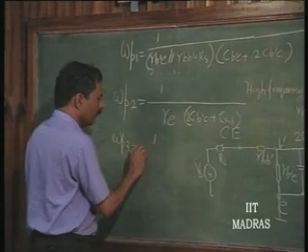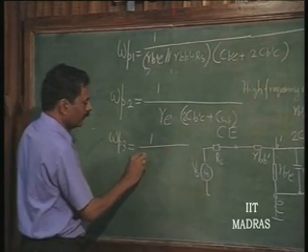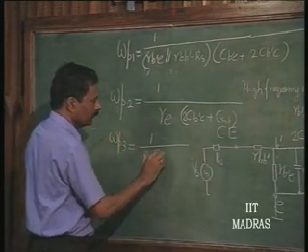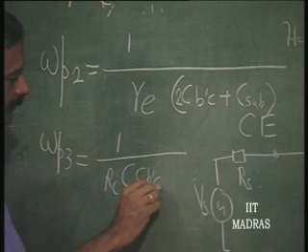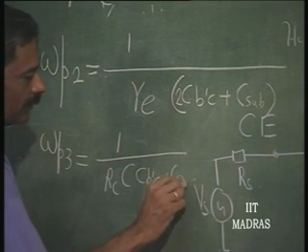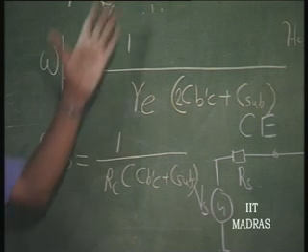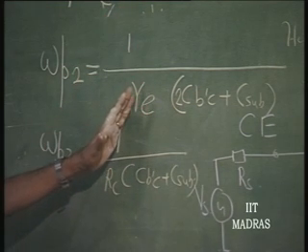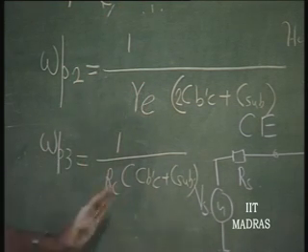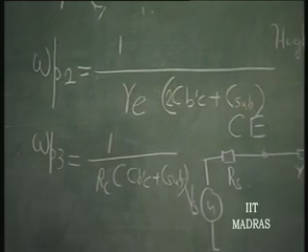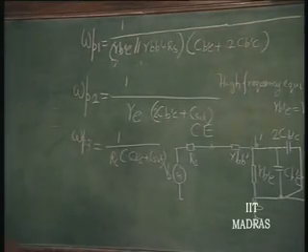So, we have 1 by RC into C B dash C plus C substrate. So, you have 3 time constants coming into the picture in determining the gain of the structure. So, what will be the gain?